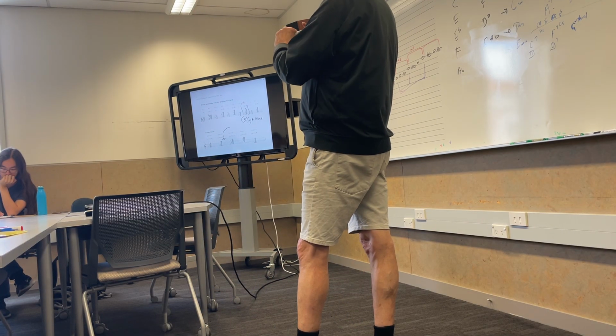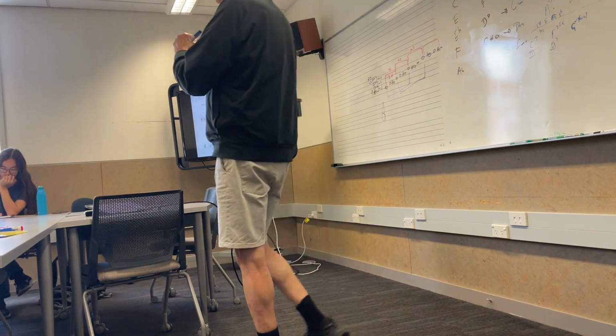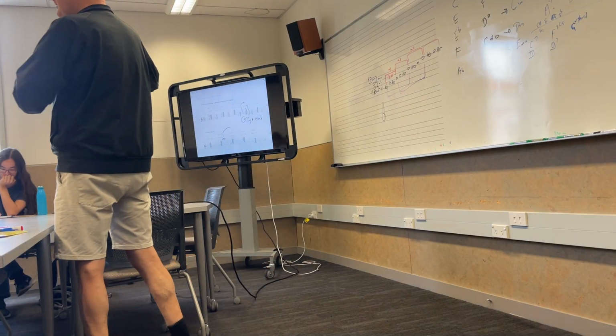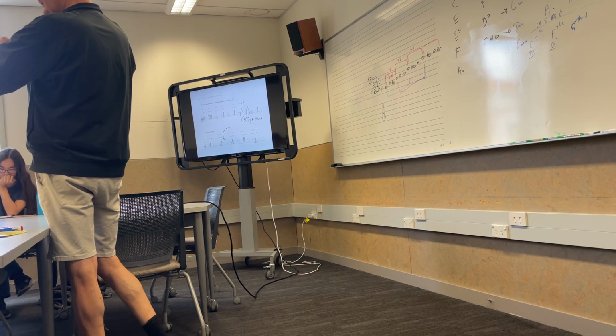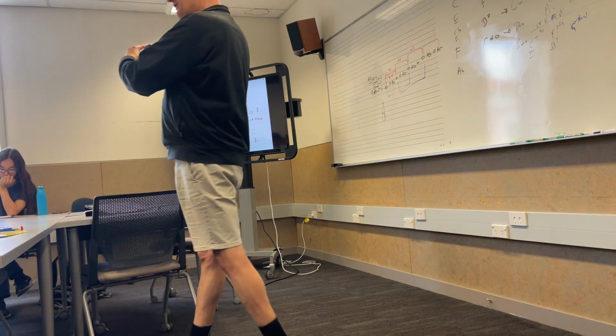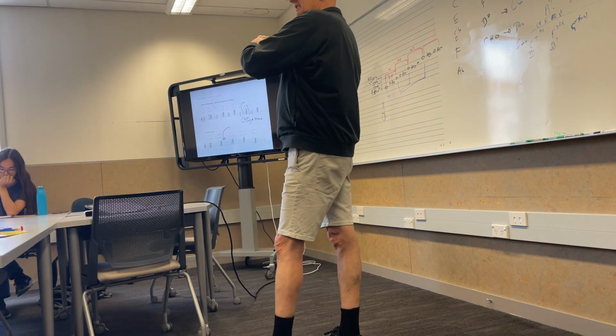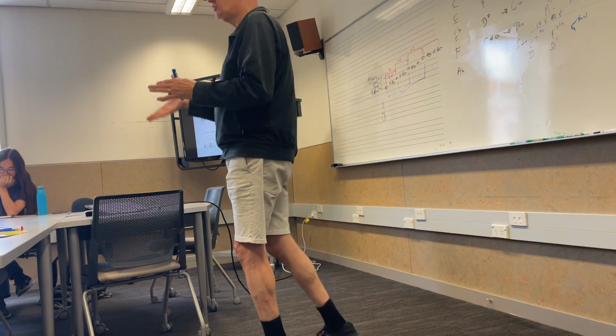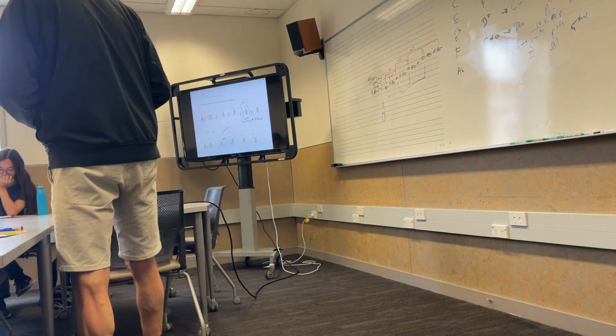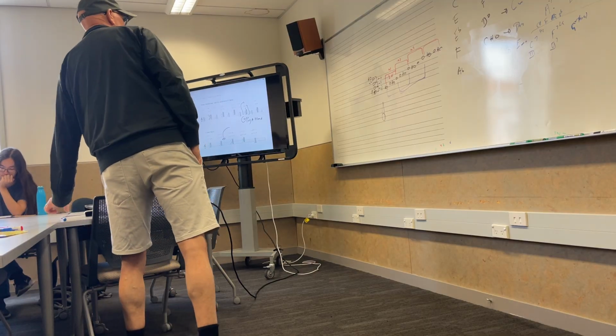The third becomes the seventh, and the seventh becomes the third. So it's a substitution based on swapping those thirds and sevens around. Why can we swap those around? Because they bisect the chromatic scale. They chop it in half. So it's another result of symmetry.